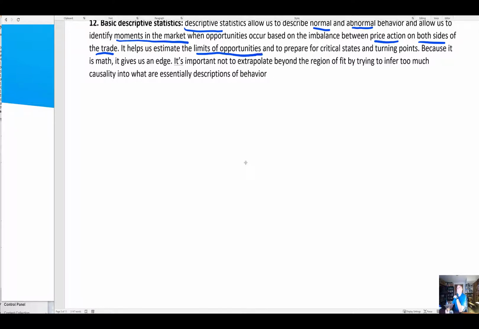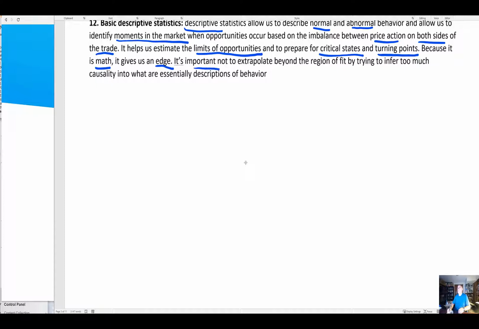In other words, when we see an opportunity, we can project forward what the limit of normal response would be and when it would become abnormal, and to prepare for critical states when we see them coming, which can often be market turning points. Because it is math, it gives us an edge. See the previous discussions about know your edge.